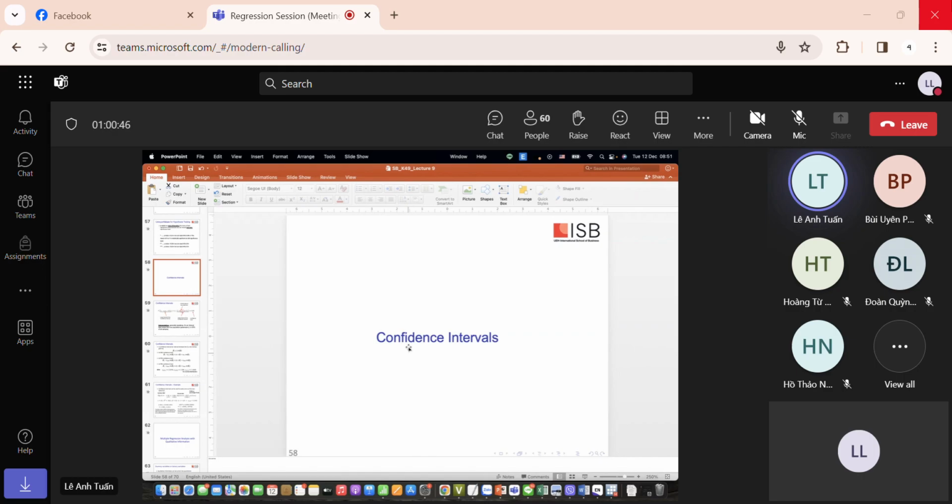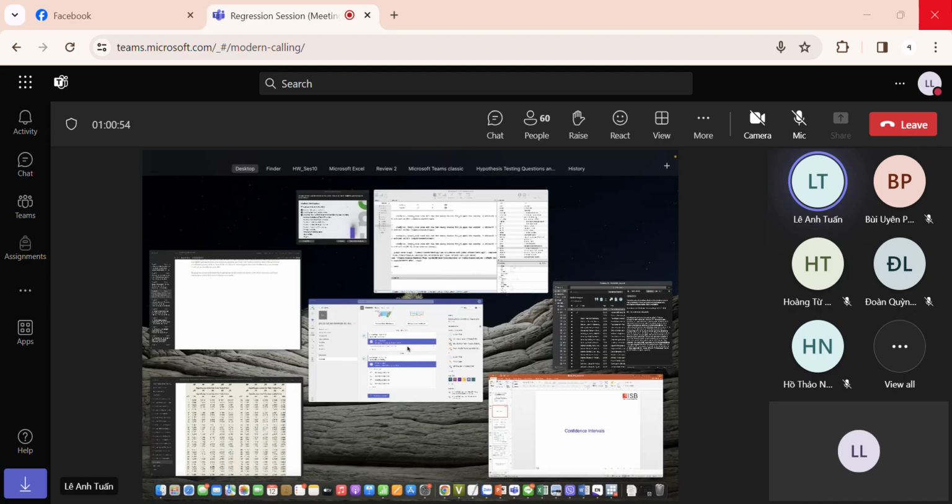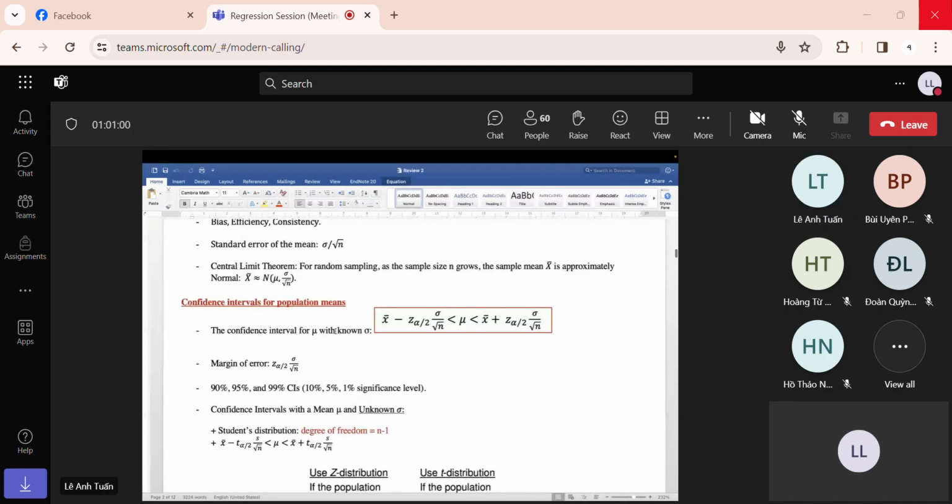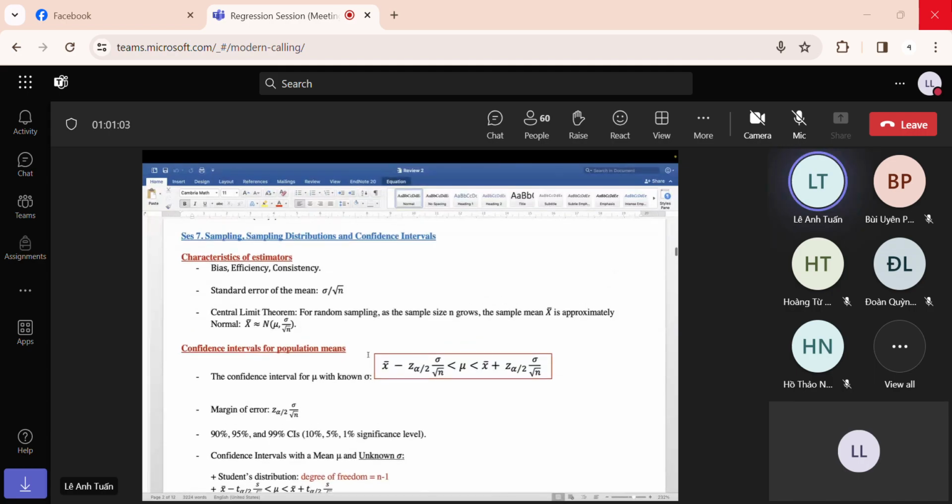We have the sample mean, but we do not know the population mean, so we use the sample mean to calculate an interval for the population mean: the sample mean plus and minus the margin of error gives the interval for the population mean.